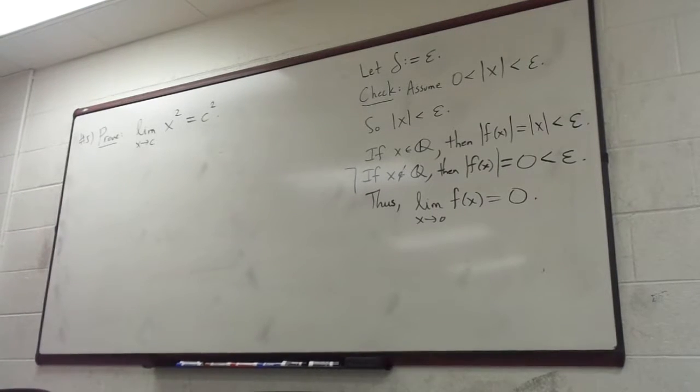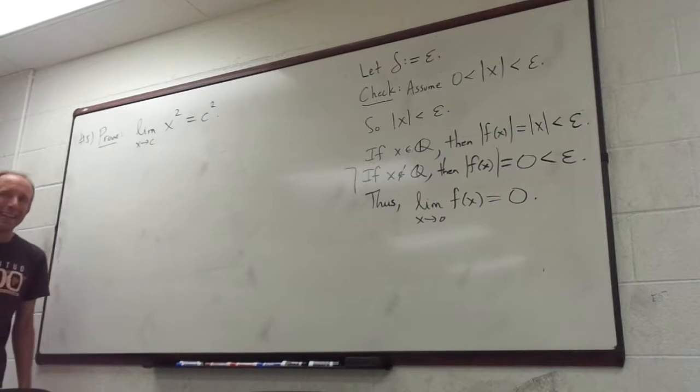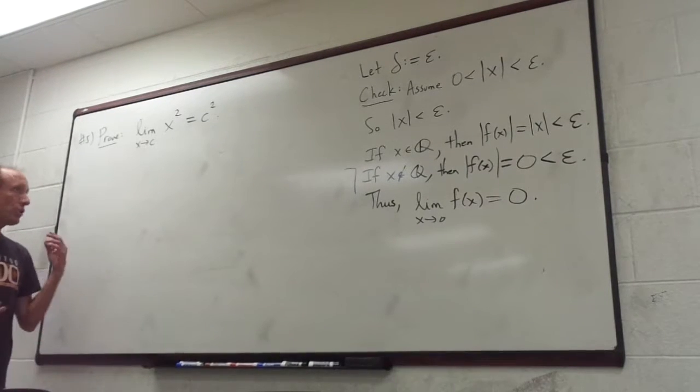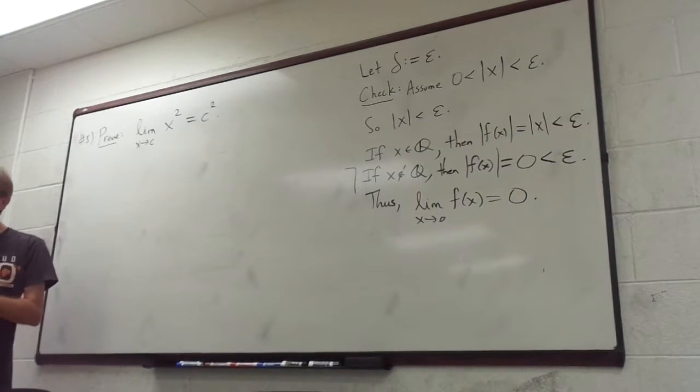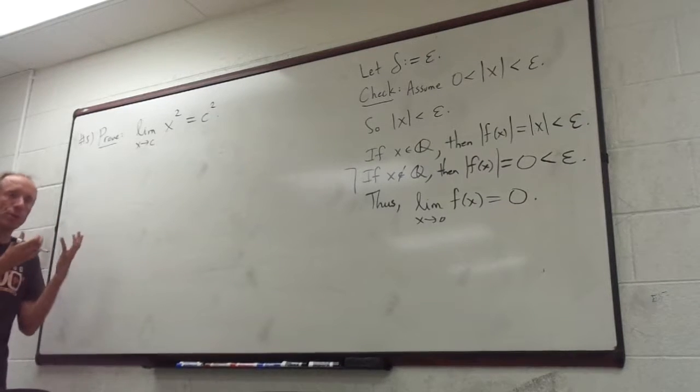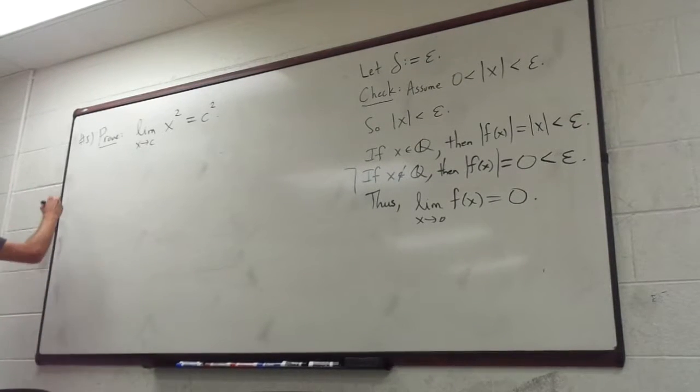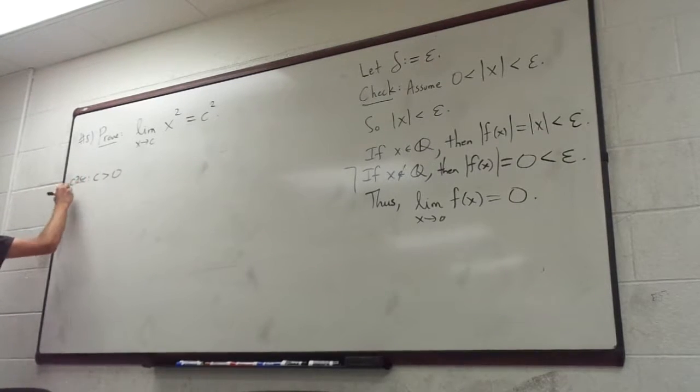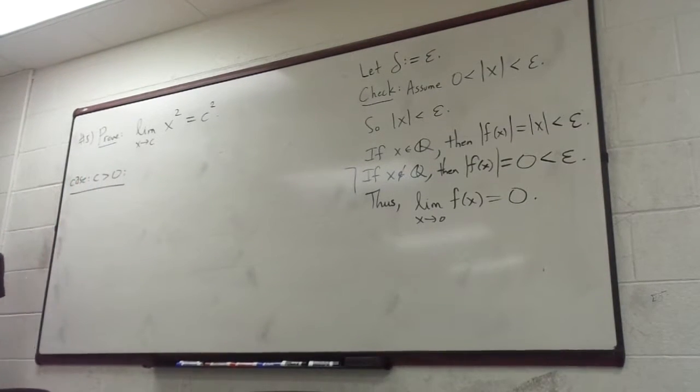It turns out that you need to do it in 3 cases: one case where c is positive, one case where c is negative, and one case where c is equal to 0. I'm going to do the case where c is greater than 0, and then pretty quick modifications will allow you to handle the other cases.